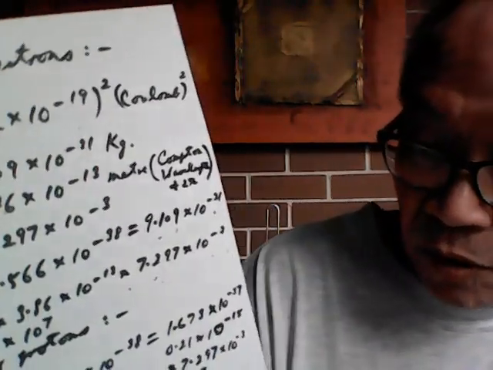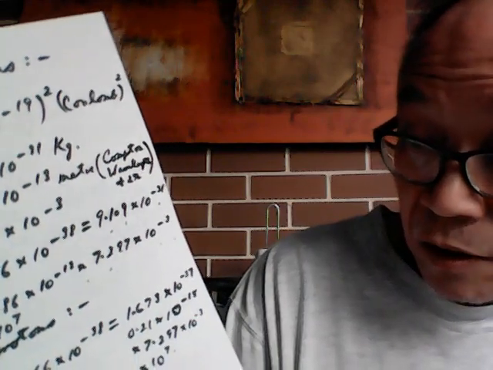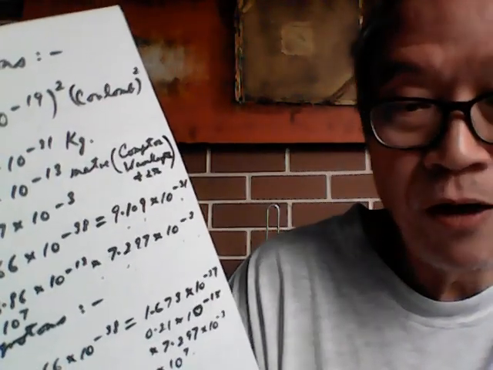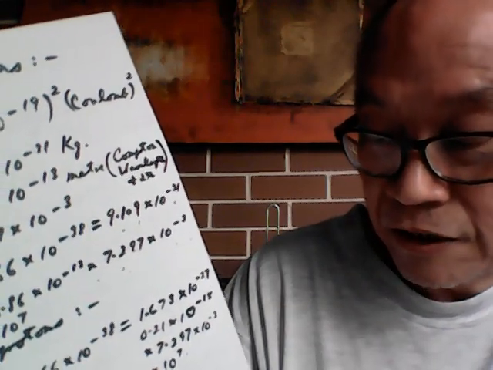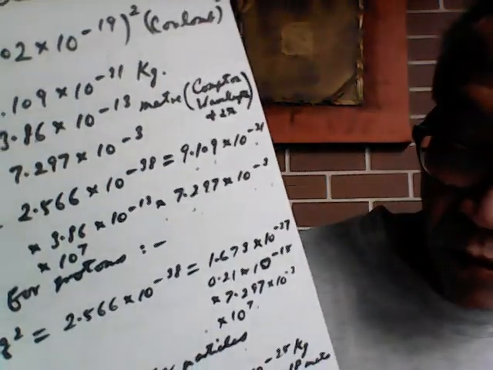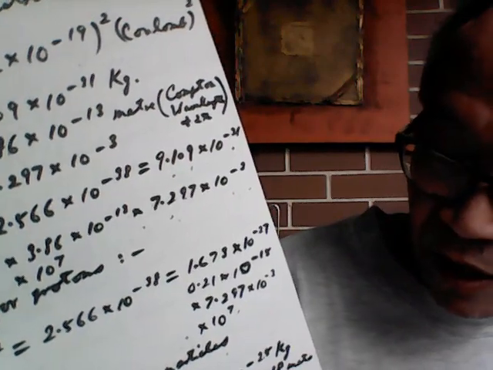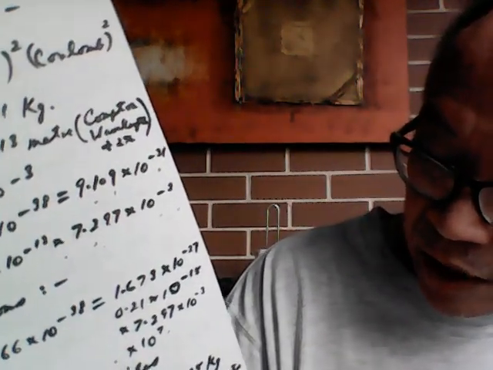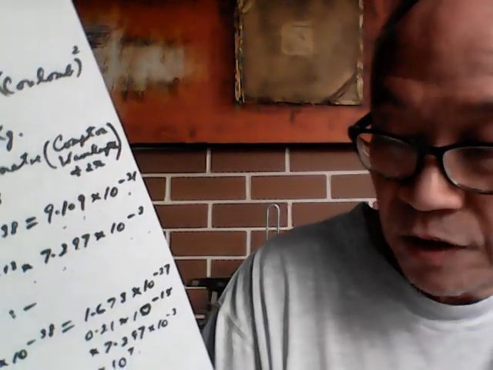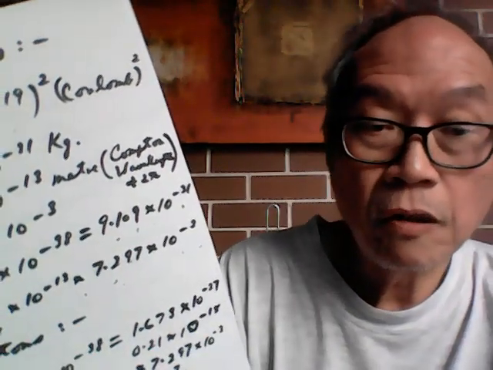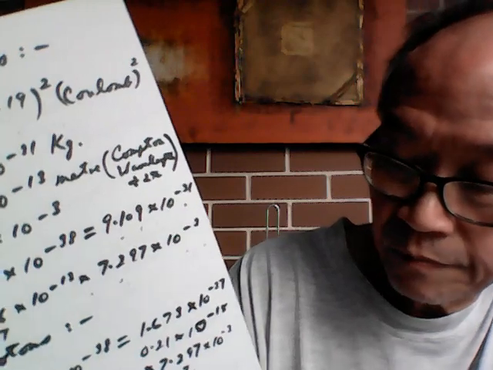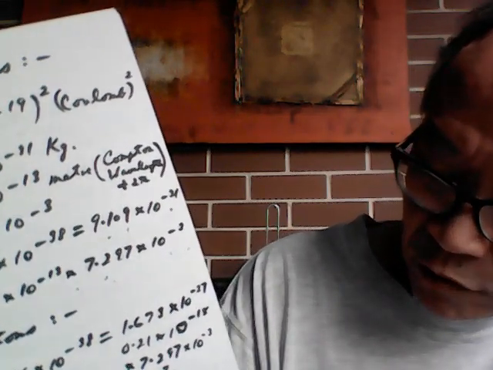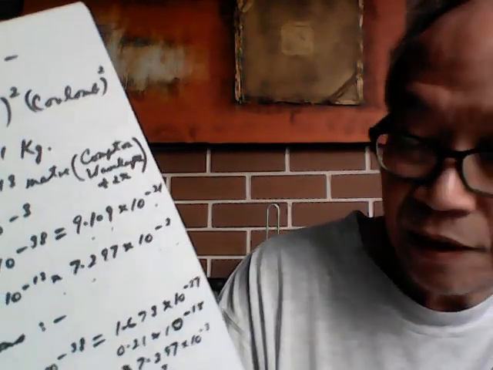For example, the top quark. I think I'll just name one example; I cannot list all the many examples here. You have Q squared is equal to 2.566 times 10 to the power minus 38, is equal to 3.17 times 10 to the power minus 25 kilogram. This is the mass of the top quark in joules, times 1.11 times 10 to the power minus 18 meter.